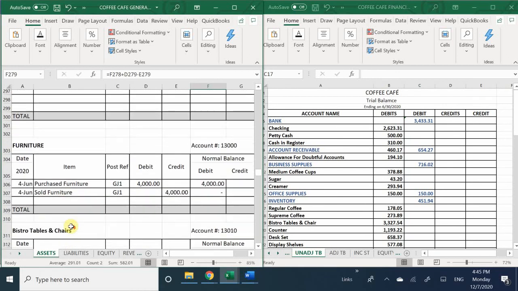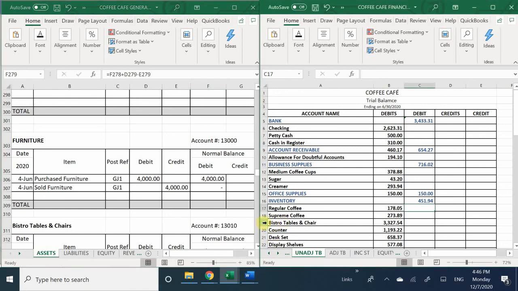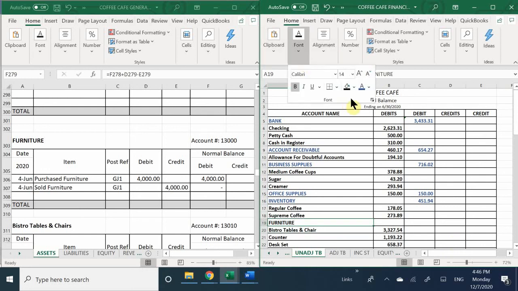All right. Now the next column is going to be my furniture. Yes, that is a main account. It's going to consist of your bistro chairs, your counter, desk, and display shelves. So I'm going to go ahead and insert it right above it, and this is furniture. Change this color. Okay.